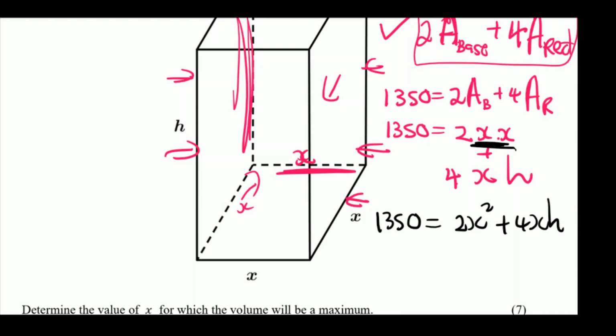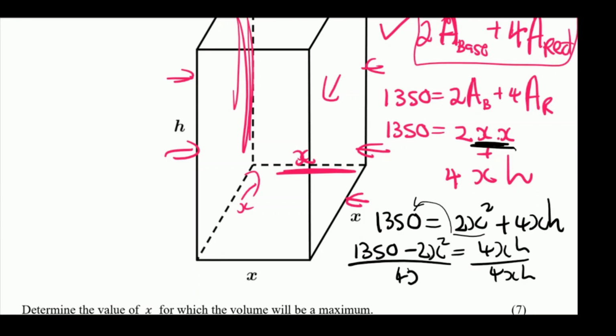right? So we're going to write this expression with respect to, or in terms of x, but equating it to h. So we take this to the other side. We have 1350 minus 2x squared is equal to 4xh. Divide by 4x.